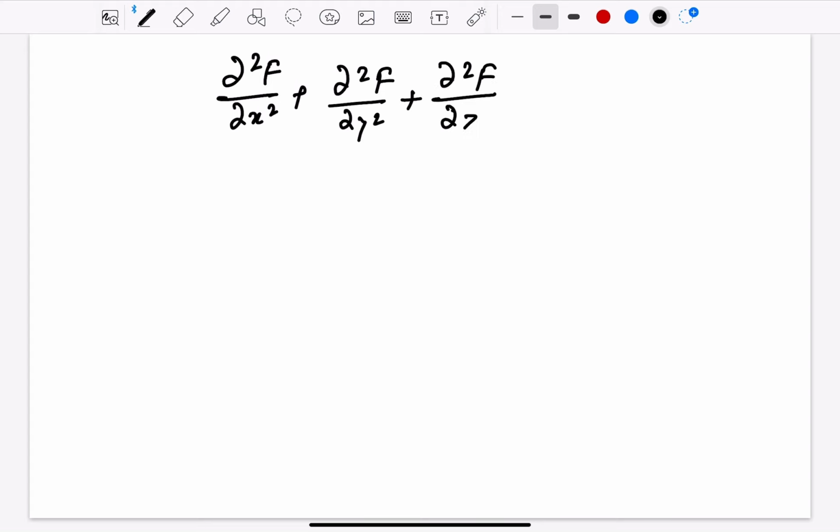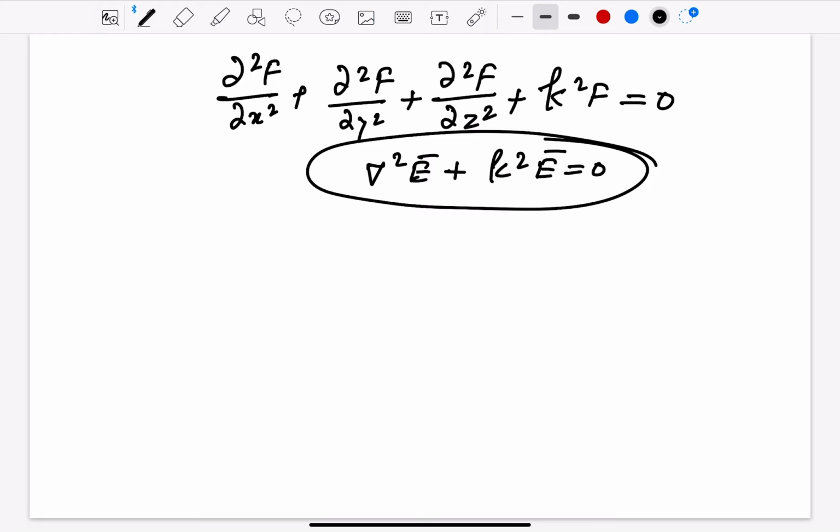Now once again recalling these things: dou square F over dou x square plus dou square F over dou y square plus dou square F over dou z square plus k square F. We can write this because we started with del square E plus k square E is equal to 0. Remember?